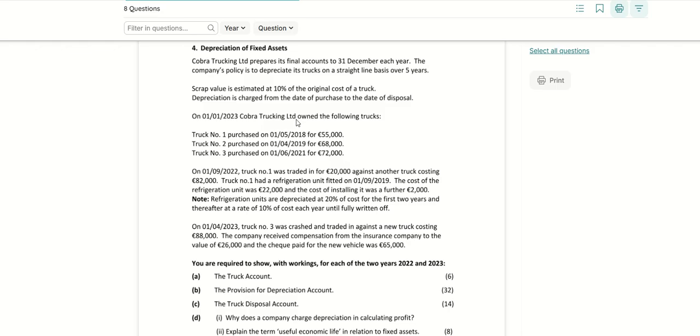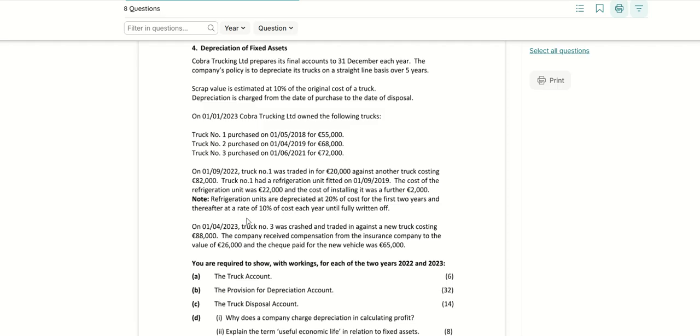On the 1st of the 1st 2022, the trucking company owned 3 trucks. Then in 2022 we got rid of number 1, and number 1 had a refrigeration unit, or an RU, fitted to it, so we will deal with that.